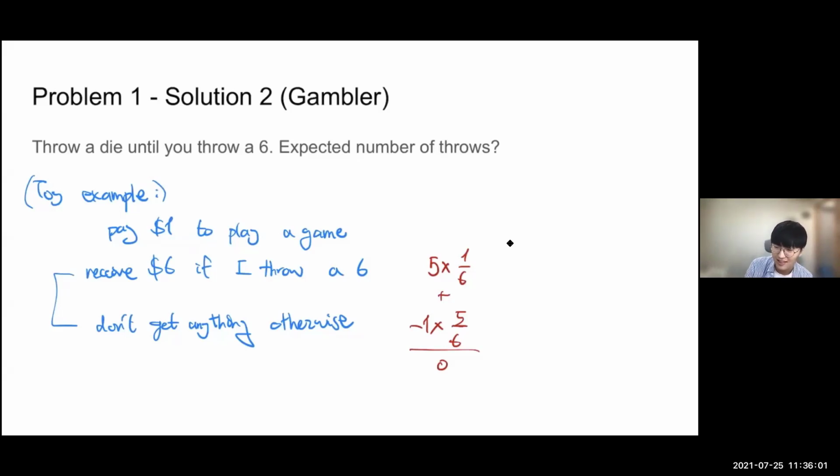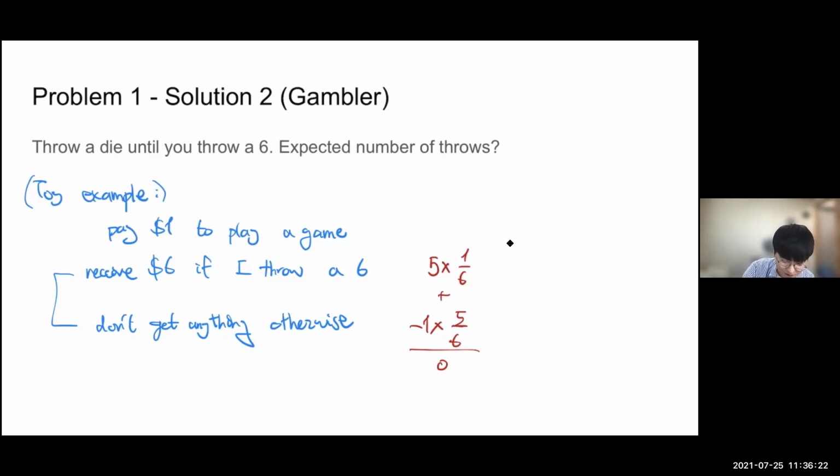I guess this kind of makes sense, because if you're playing a game in a casino, for instance, your expected profits will not depend on when you'd like to stop.